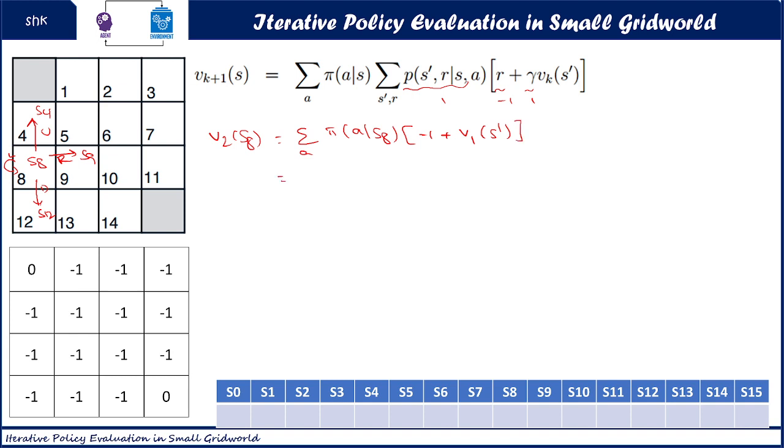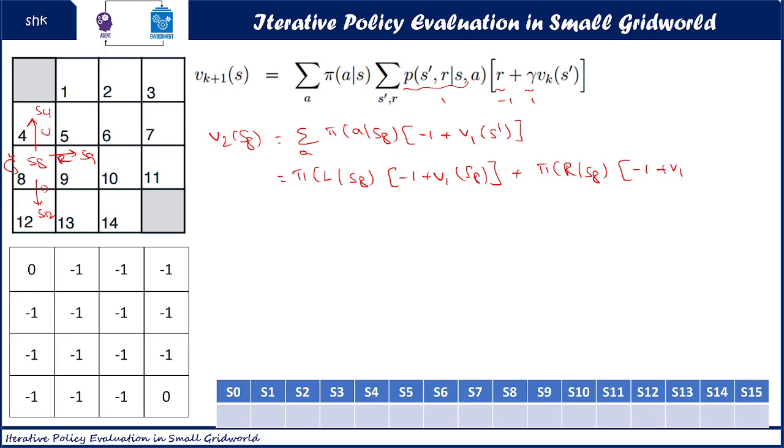As we know, four actions we can consider. So the summation we can expand as the probability of the left action from S8 times (-1 plus V1 of the next state). For the left action from S8, we fall to the same state S8, plus the probability of the right action from S8 state multiplied by -1 plus V1.